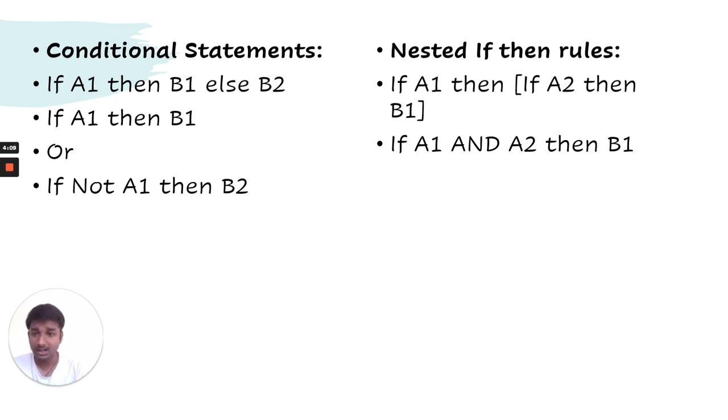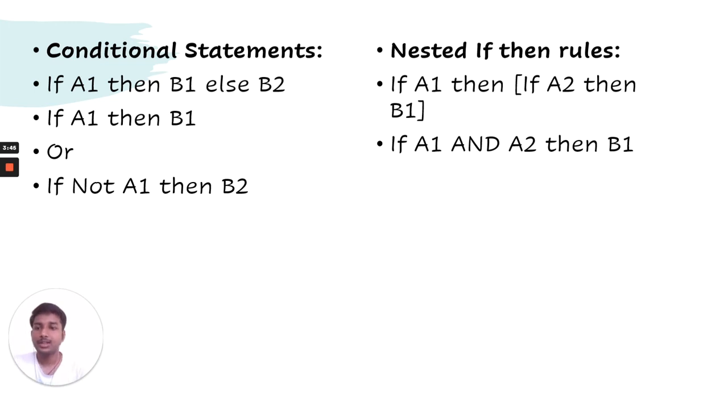Not rules, decomposition methods. Conditional statements can be broken down. Here is an example: if A1 then B1 else B2. You know this conditional statement, right? If true, the true value will be printed, else the false value will be printed.